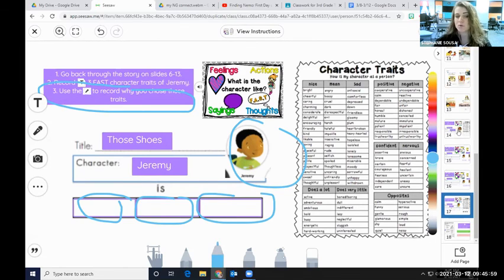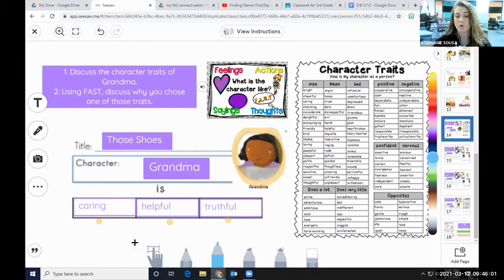Okay, so what we just did with Grandma was practicing the recording. What William, what Terrence, what Aiden G, the evidence that they gave, I know that because Grandma did this. That's what I want to see. That's what I want to hear. Okay, giving your evidence.